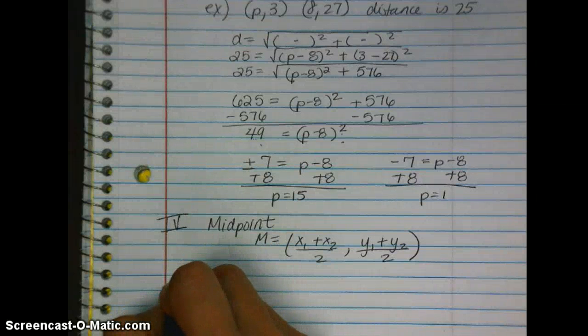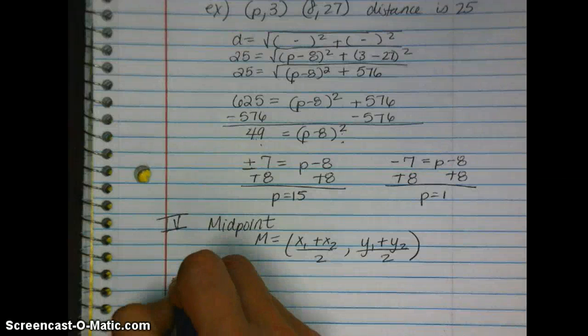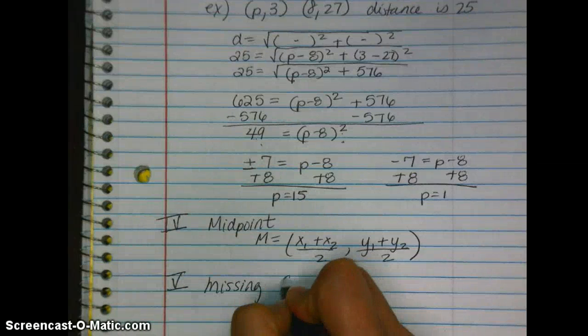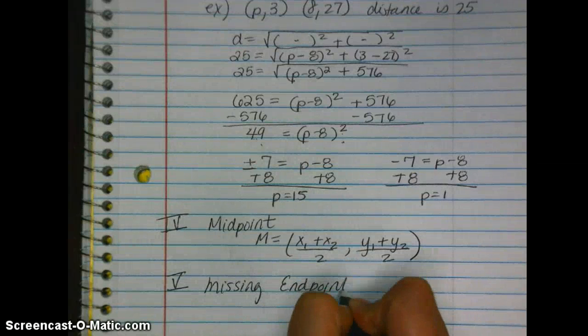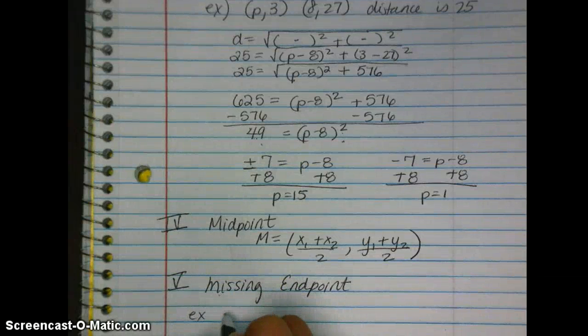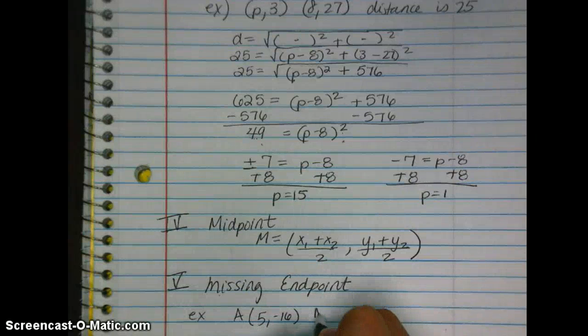And then the last thing that you should be able to do is another geometry concept, find the missing endpoint. To find the missing endpoint, there are two ways to think about it. I'm going to work out your number 18 with you guys and talk to you about both ways to do it. So they give you point A is 5, negative 16, and your midpoint is negative 13, 2.